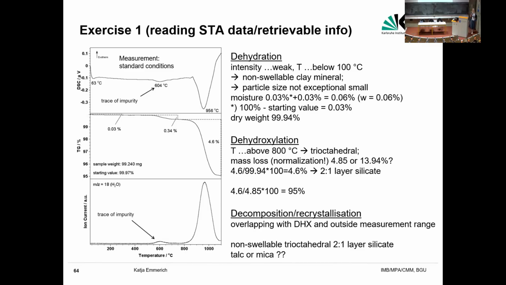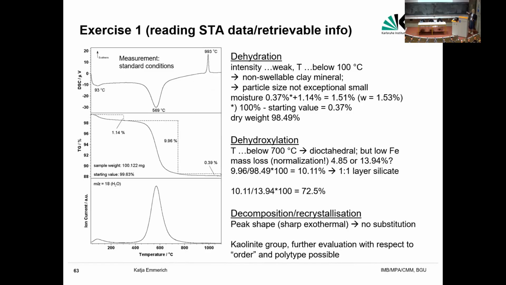And if we assume this should be a nearly pure clay mineral, we can even calculate the amount of this mineral. I forgot to show you this with the first sample. If we assume for the one-to-one layer silicate a mass loss due to the dehydroxylation of 13.95 due to stoichiometry, this sample contains about 73% of kaolinite or non-swellable one-to-one layer silicate dioctahedral.